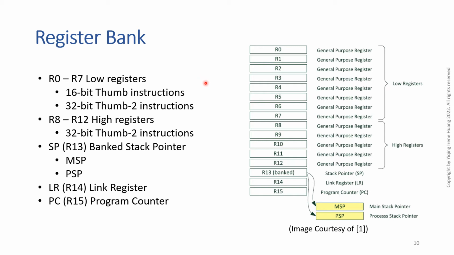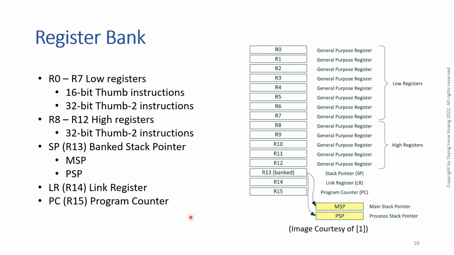For our processor, we use Thumb or Thumb2 instructions, so we don't use ARM instructions. The Thumb instruction is smaller, 16 bits wide, and Thumb2 is 32 bits wide. For low registers, you can use either Thumb or Thumb2 instructions, and for the high registers, only Thumb2 instructions can be used.